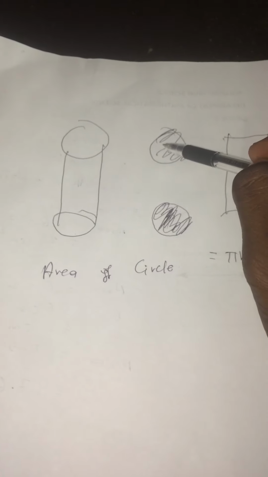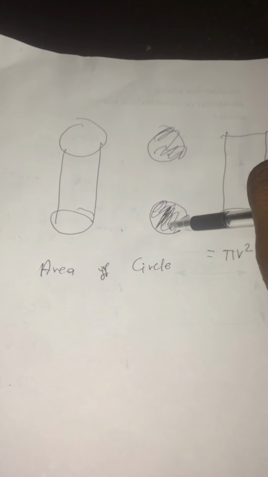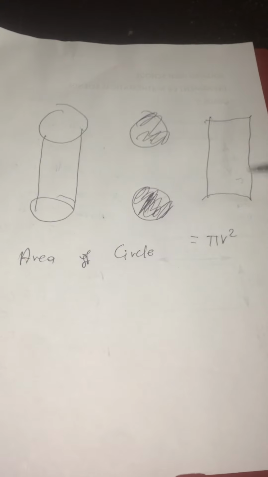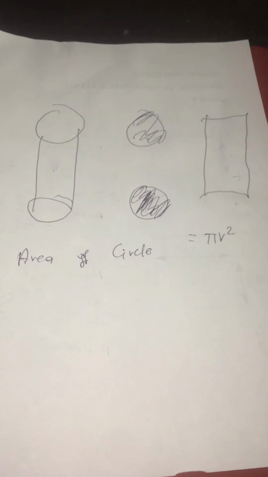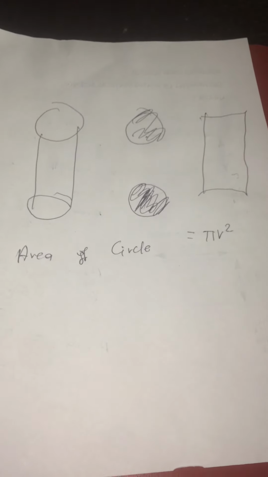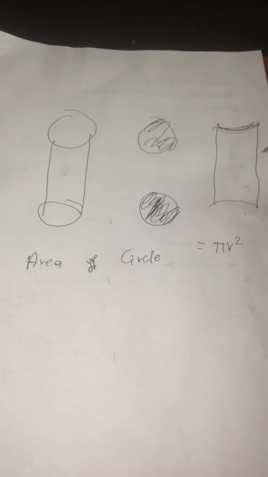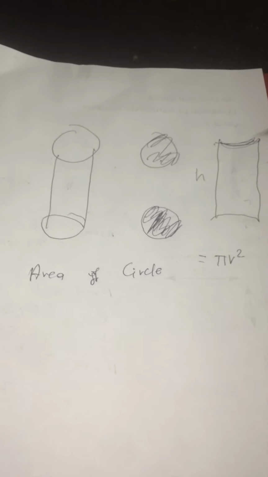If we find the area of this circle, we know the area of the other, and we need to find the area of this irregular rectangular column. If we can find the width here, we can multiply it by this height to give us the area.